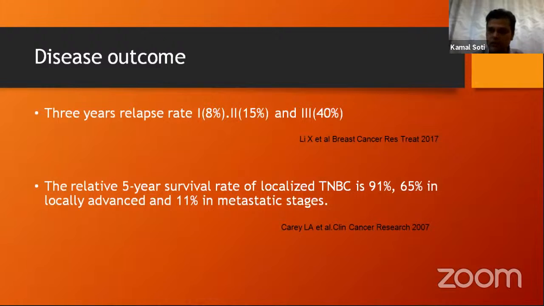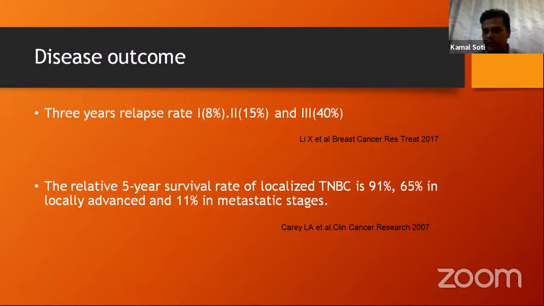Usually the relapse is in the locoregional areas, including the axilla or the breast, or in the liver or the bone. As we see in the slide, compared to localized triple negative breast carcinoma and locally advanced disease, the survival rate of such patients is very poor when the disease becomes metastatic to other areas.